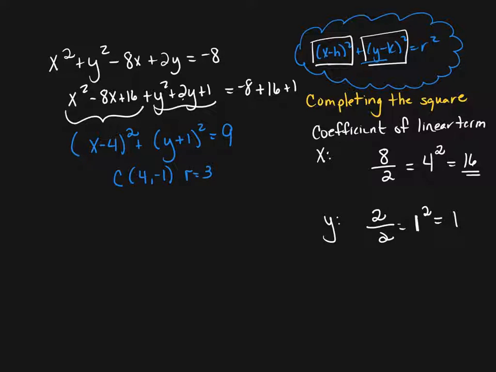Let's do another one by completing the square together. Okay, so if you need to stop and write this down or whatever, that's fine. But I'm going to go ahead and move it up and start a new problem.